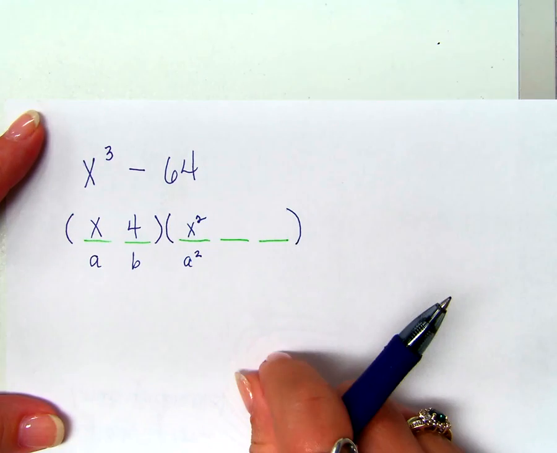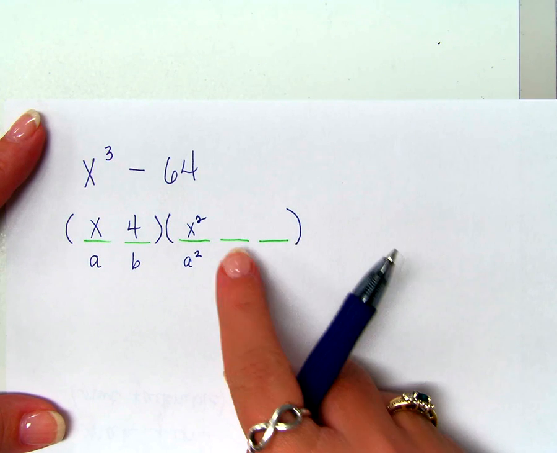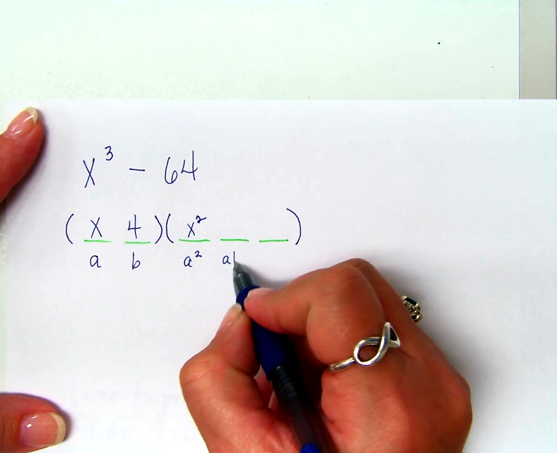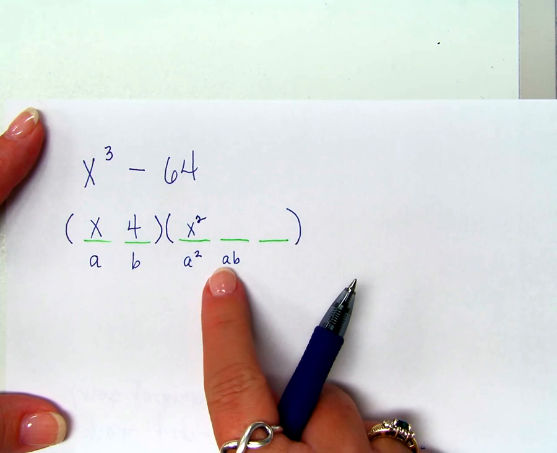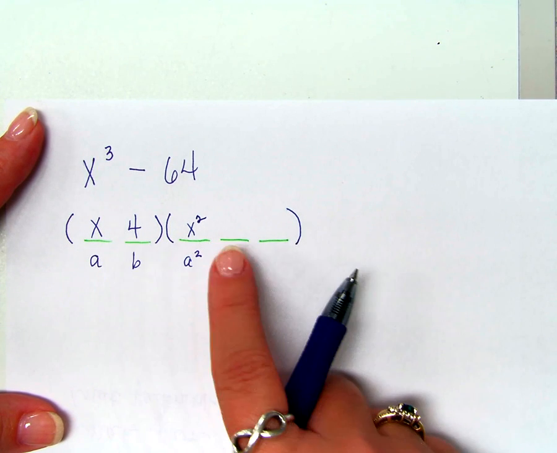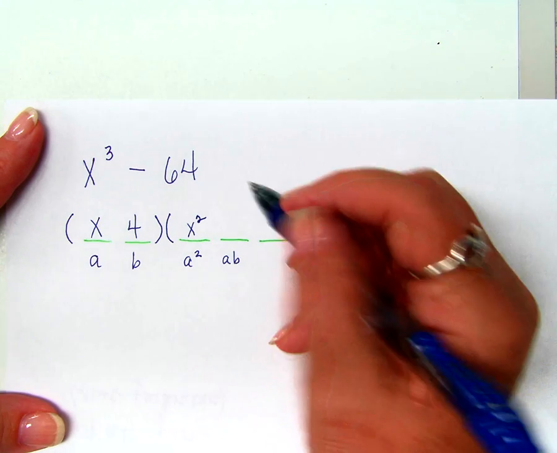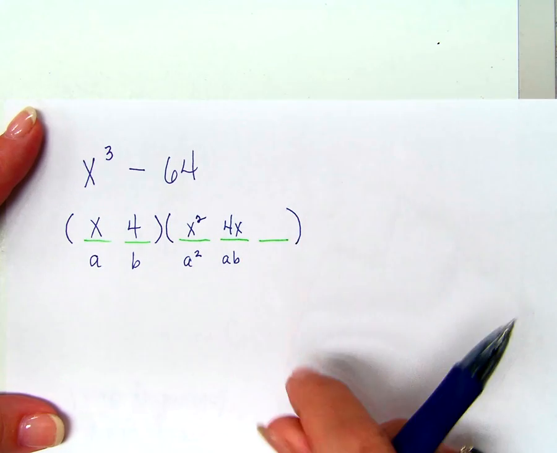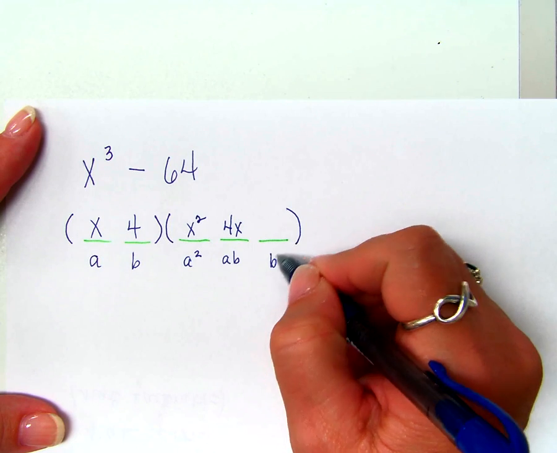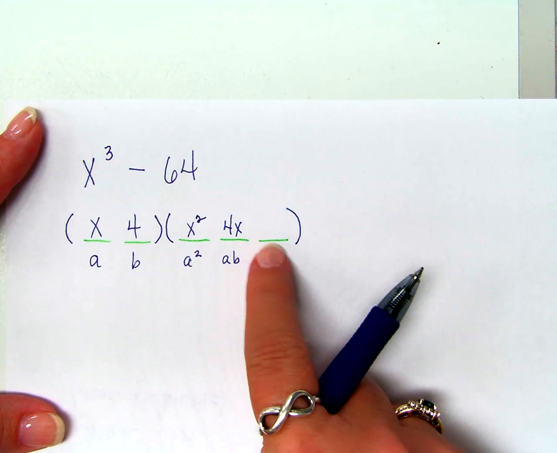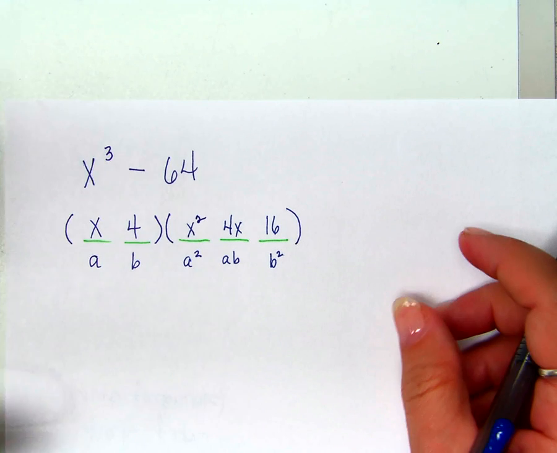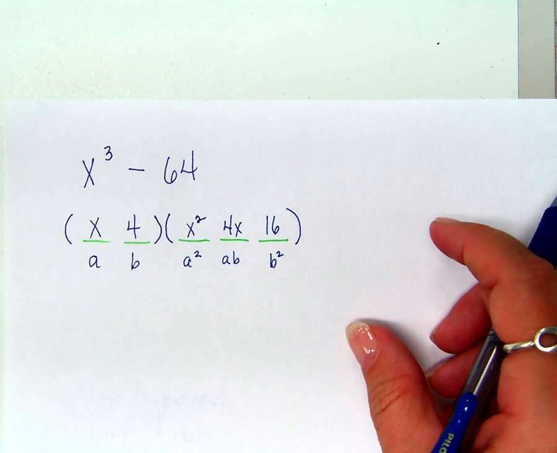This second term in the trinomial is AB. What am I doing with those? Multiplying, right? So if you know A and B, what's the middle term? 4x. Very good. What do you think this last one might be? B squared. And because you already know what B is, what goes right here? 16.